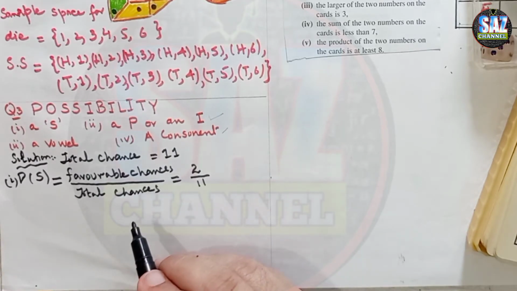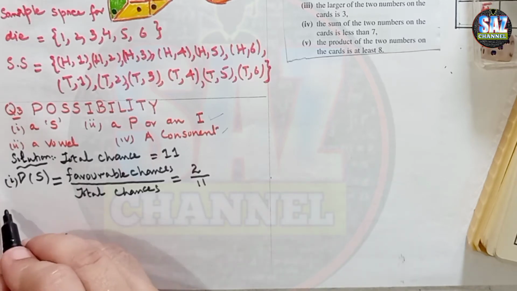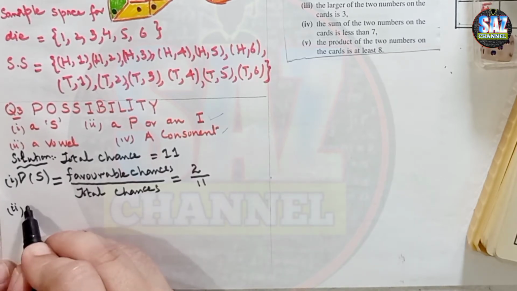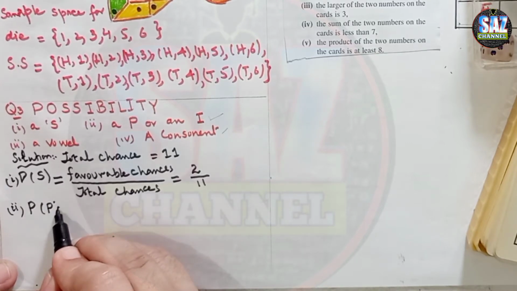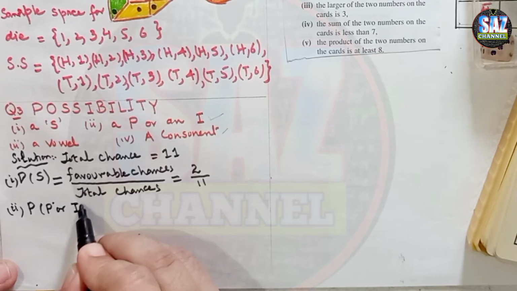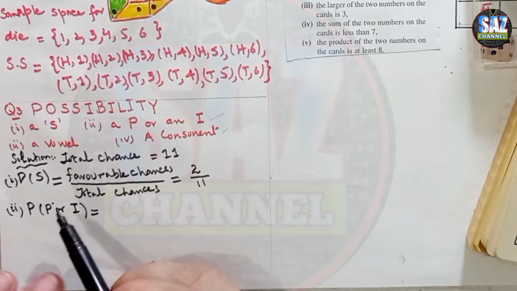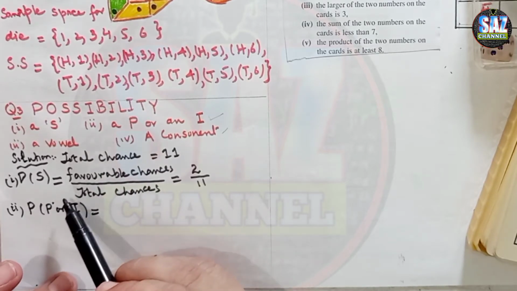Then coming to the probability of letter P or I. Here it's important to understand the meaning of the term or. Or means to add.